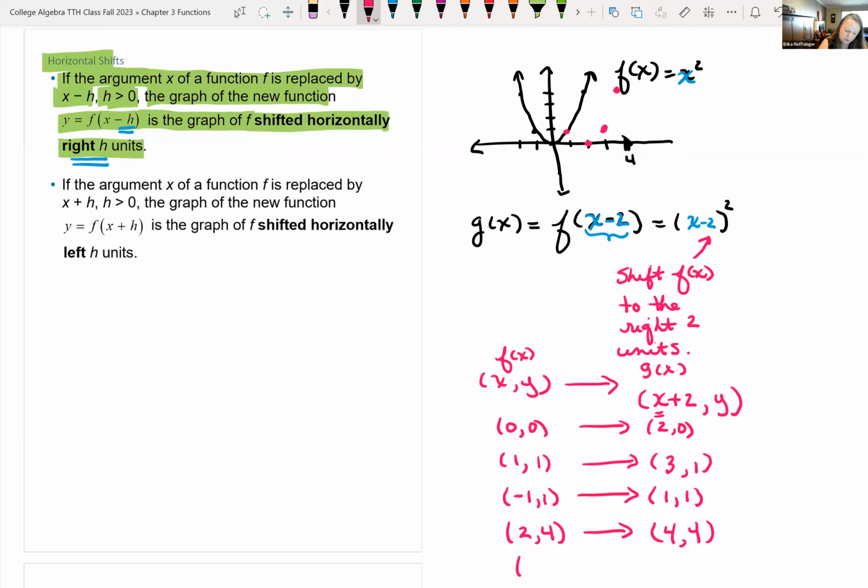And then our point that we had plotted, (-2, 4), adding 2 to my x value, so negative 2 plus 2 is 0, and y stays 4. So we get this new graph here, which is g of x.